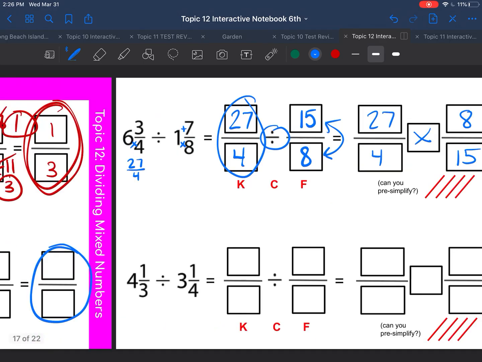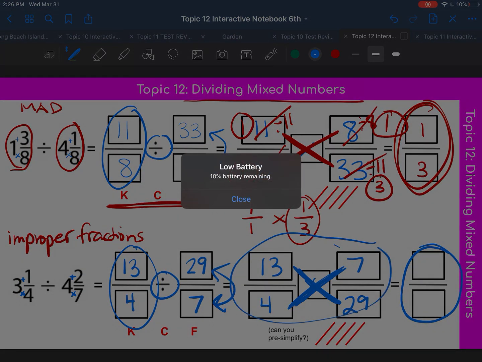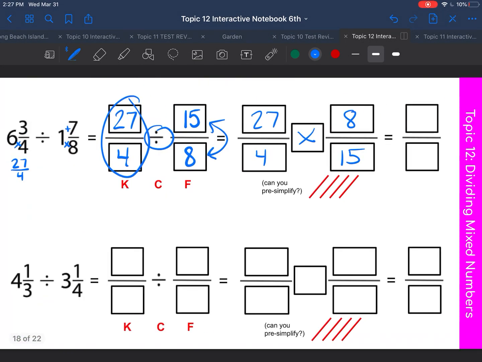So now, unlike the last problem, we can actually pre-simplify. Let's look in this direction. Do 27 and 15 have any common factors? They do. They can both be divided by 3. 27 divided by 3 is 9. 15 divided by 3 is 5.